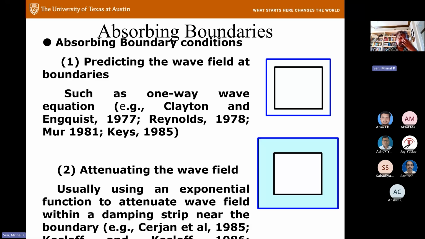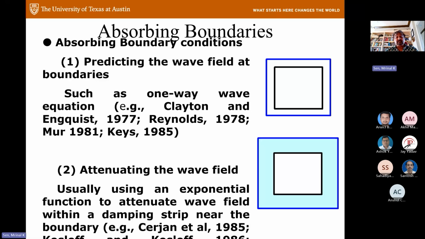Like I told you earlier, in finite differencing, we are actually limiting our infinite domain to a finite domain. And because of that, the wave field gets reflected from the boundaries, and they contaminate the reflections and wave fields that we're interested in.